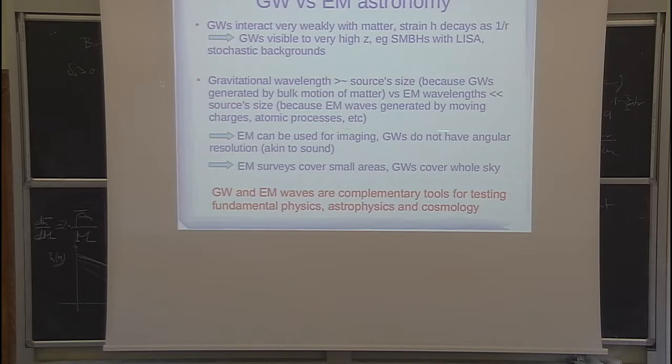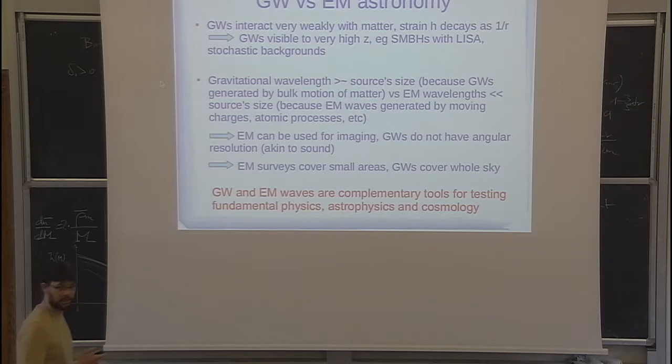The other difference between gravitational and electromagnetic astronomy is that the gravitational wavelength, as I was explaining yesterday in response, I think, to a question, is typically for LIGO of hundreds of kilometers. So gravitational wavelengths are very large. In fact, they are larger than or comparable to the source size.